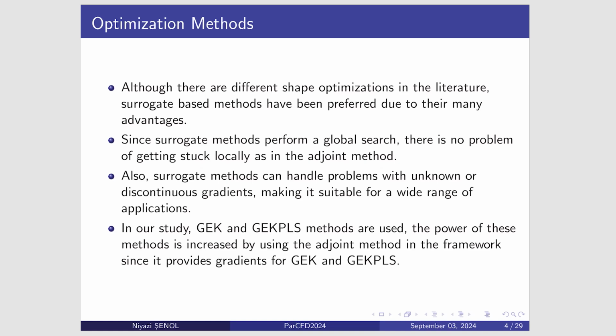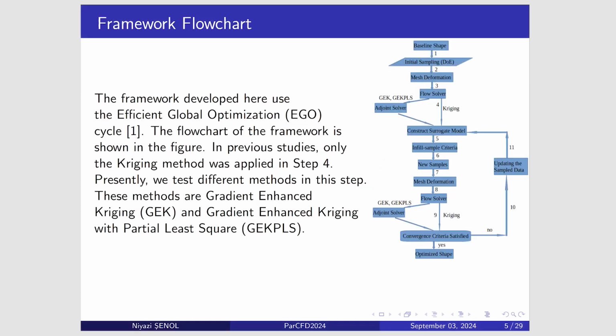Also, these methods can handle problems with unknown or discontinuous gradients, making them suitable for a wide range of applications. GEK and GEK-PLS methods are also used. The power of these methods is increased by using the adjoint method in the framework, since it provides gradients for GEK and GEK-PLS. So this is our framework flowchart.